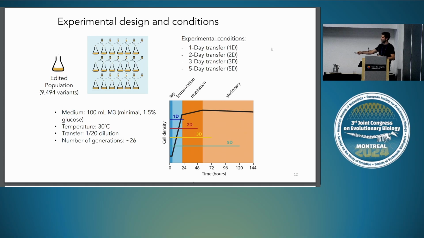By changing the length of the cycle, I'm changing the time that the cells experience these different phases of growth. And we know from experimental evolution that there are usually fitness trade-offs between these phases. For example, variants that are very good at fermentation tend to be very bad at stationary phase and vice versa. So we wanted to see if this also happens in natural variation.